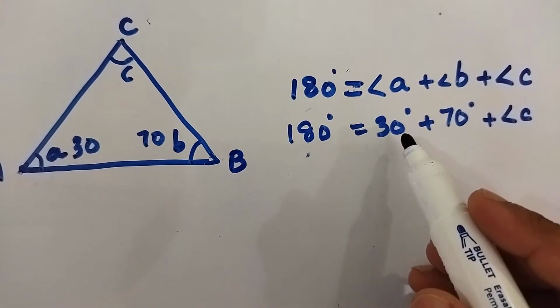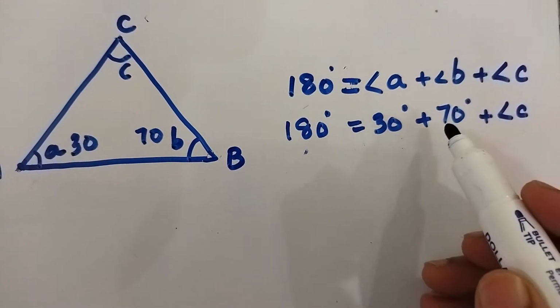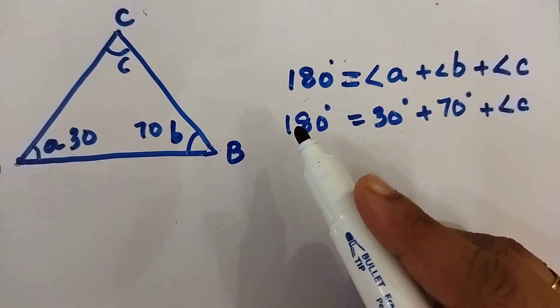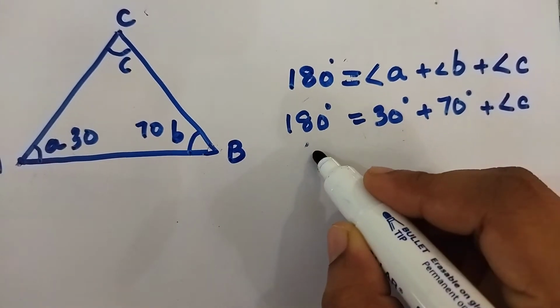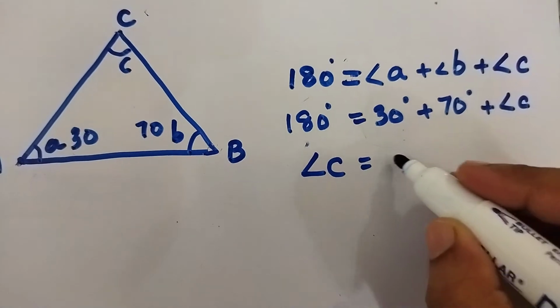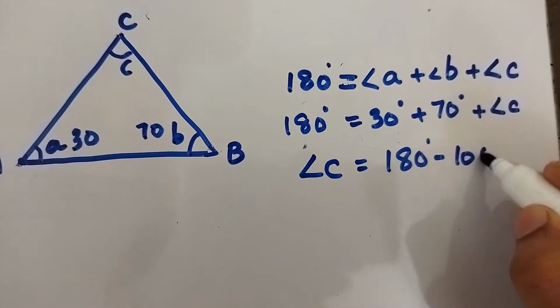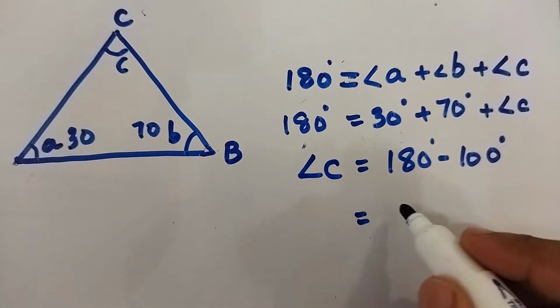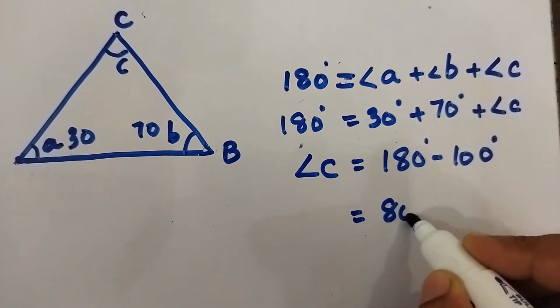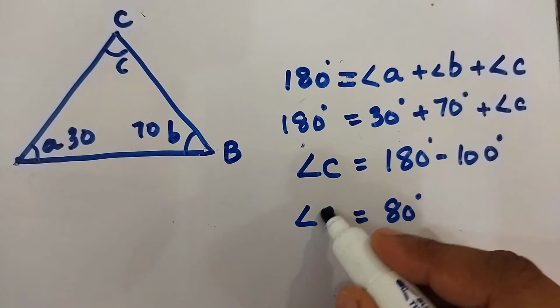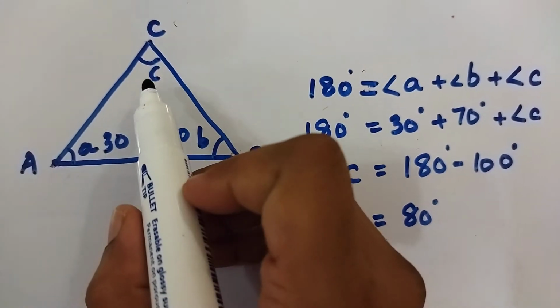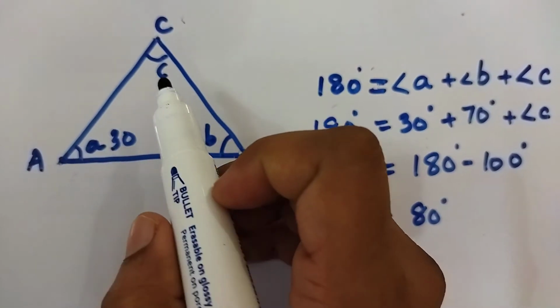So what we need to do, we'll add 30 and 70, it's 100, and then we'll subtract it from 180 degrees. So we'll get angle C, right? We'll get the answer 80 degrees, so we got to know that angle C is equal to 80 degrees.